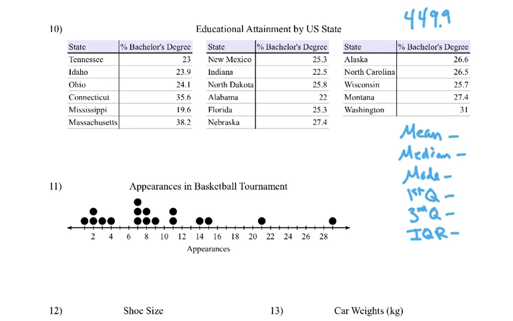I hope I didn't make a mistake. Then I divide by how many there are. So there are 6, so 12, 13, 14, 15, 16, 17. So I'm going to divide that by 17. And we get a mean of 26.46, so I'm just going to round to 26.5.